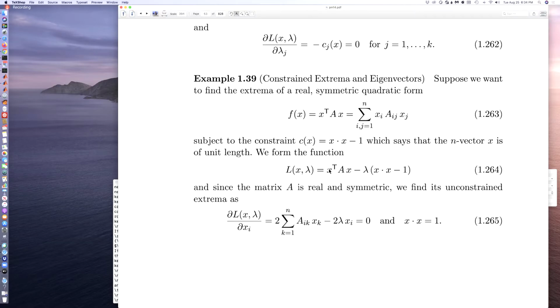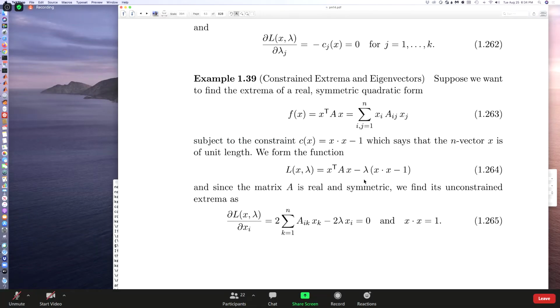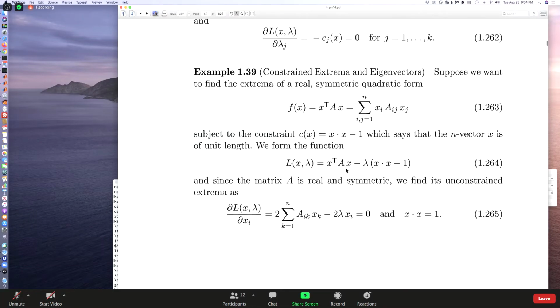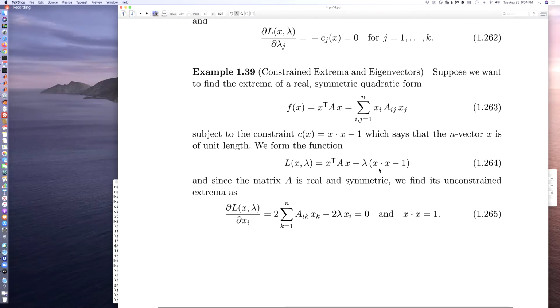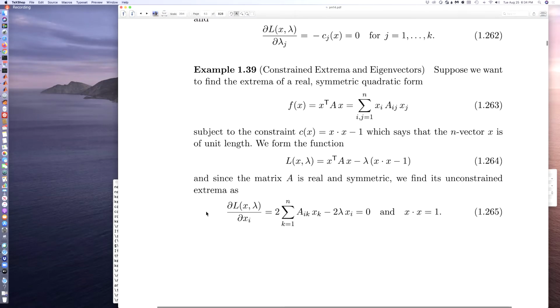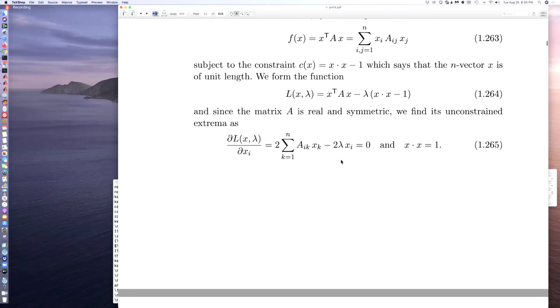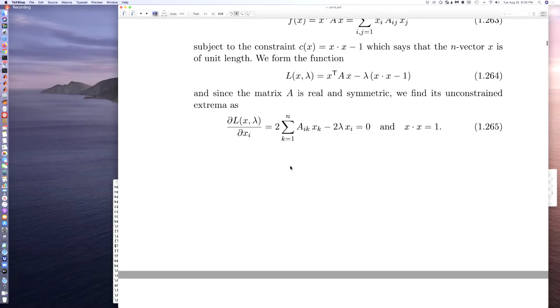Of course I could have written this as x transpose x. And so the matrix A, we're assuming, is real and symmetric. And so we set the Lagrangian equal to this. This is the thing we want to extremize, and we put in the constraint. And then we set the partial derivatives equal to 0.